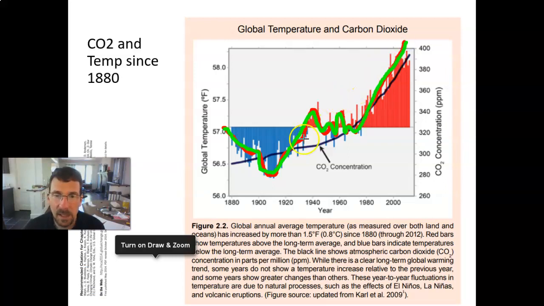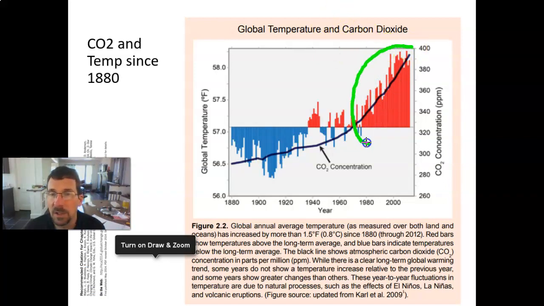And what we see is that as carbon dioxide levels are going up, temperatures are also going up. It's not a clean and perfect relationship. There's some messiness to it, but especially since the mid-1980s or so, that relationship has been very linear. And let me erase all these markings on here so you can see that.